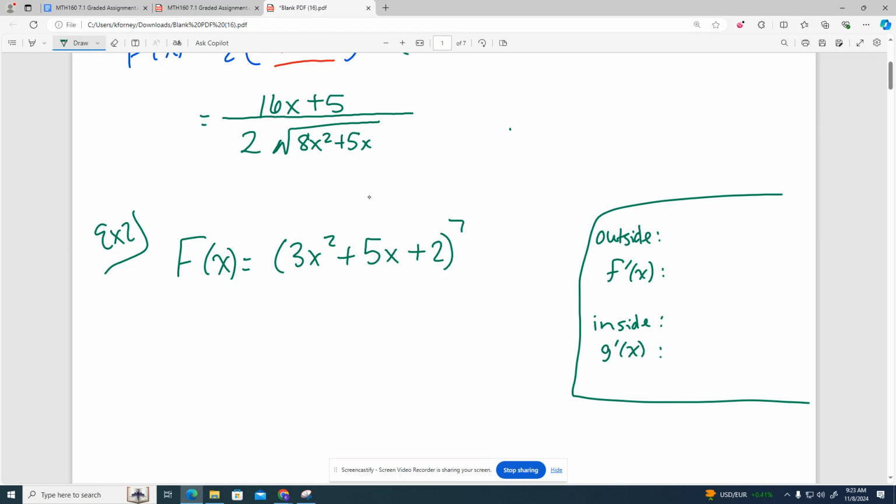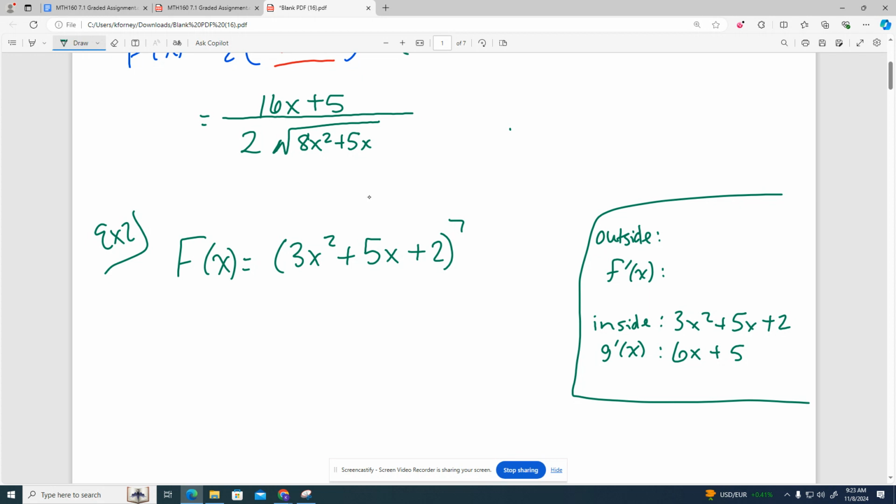So what's inside? Yes, the trinomial. And then the derivative of that would become 6x plus 5 because the derivative of a constant is 0.